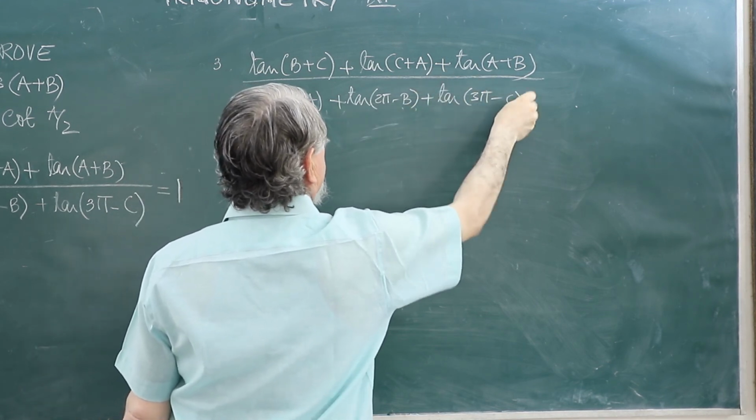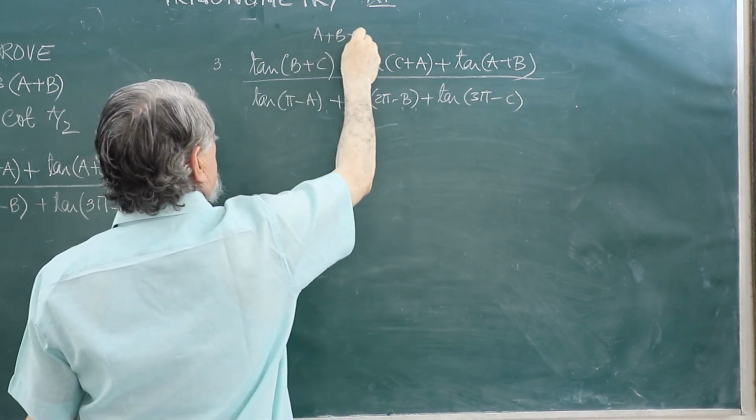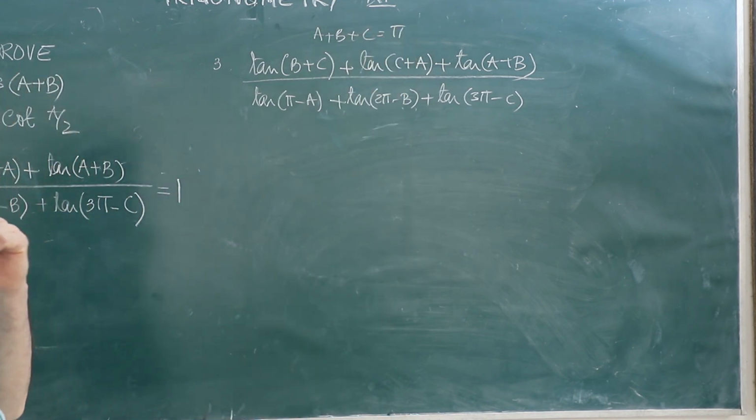It is also in triangle ABC. So A plus B plus C is pi, or 180. A plus B plus C is 180.